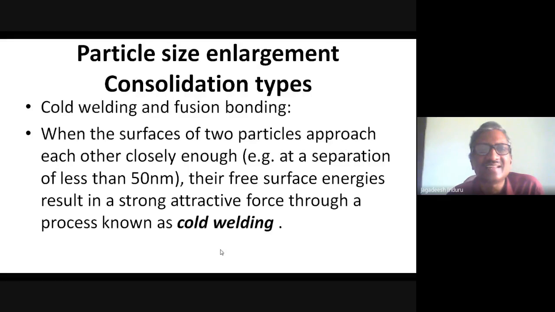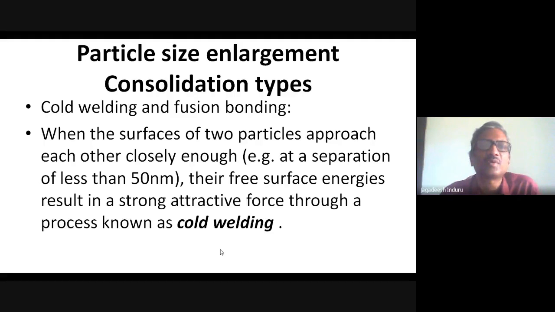Their free surface energy results in a strong attractive force, like van der Waals attraction. Then the process is called cold welding. So without using heat, they are getting welded simply by van der Waals forces of attraction, and the particles will be attracted and present as an intact tablet. This process is called cold welding.